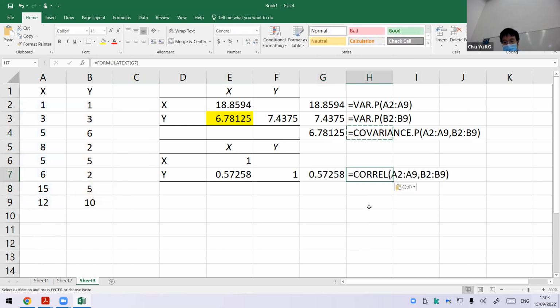Just to remind you one thing, some of you asked me why we look at the correlation, and what's the difference between the correlation coefficient and covariance. The answer is the correlation coefficient normalizes everything between -1 and 1. 1 is a positive straight line, -1 is a negative straight line, right?